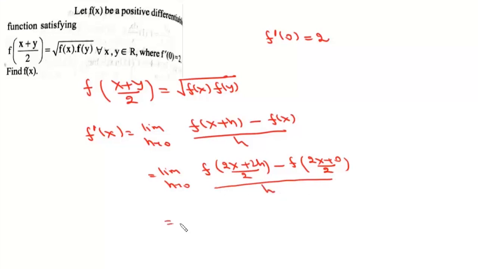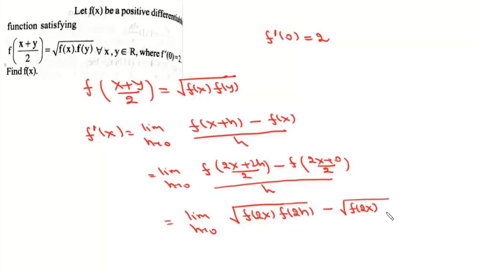upon h. Now this will be the limit h tends to 0, and here it will be under root of f2x into f2h minus under root of f2x into f0, whole divided by h.